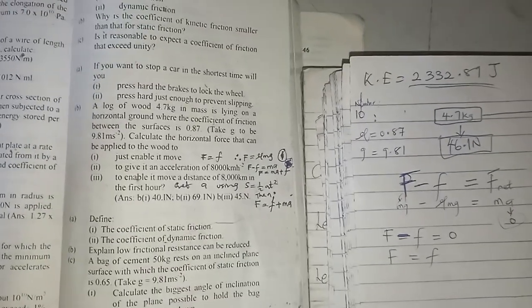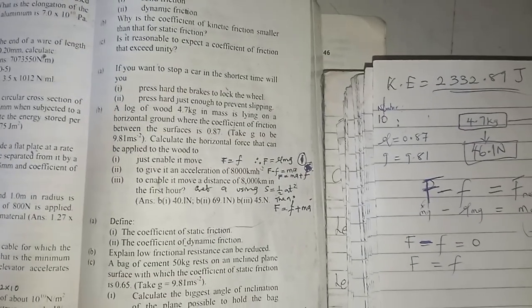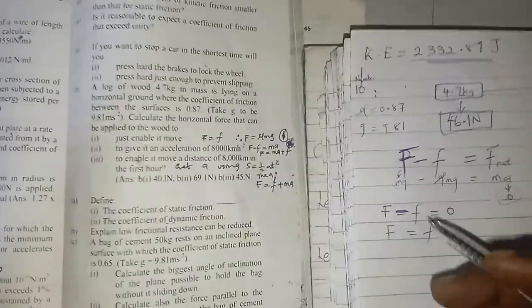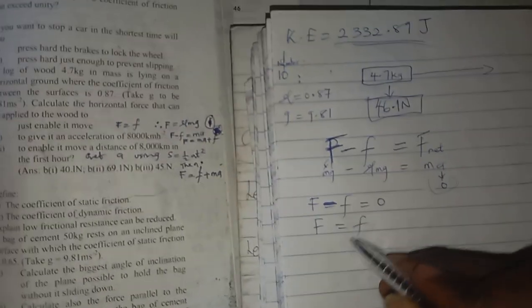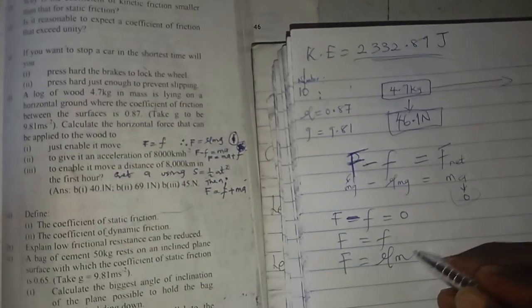I want you to understand it is different from when we say static friction, the amount of force applied when it's starting, that static friction is greater than kinetic friction. The idea is different. You think about it, and when you come to do a lot of things about it, it settles inside you. So now force will be equal to mu mg.